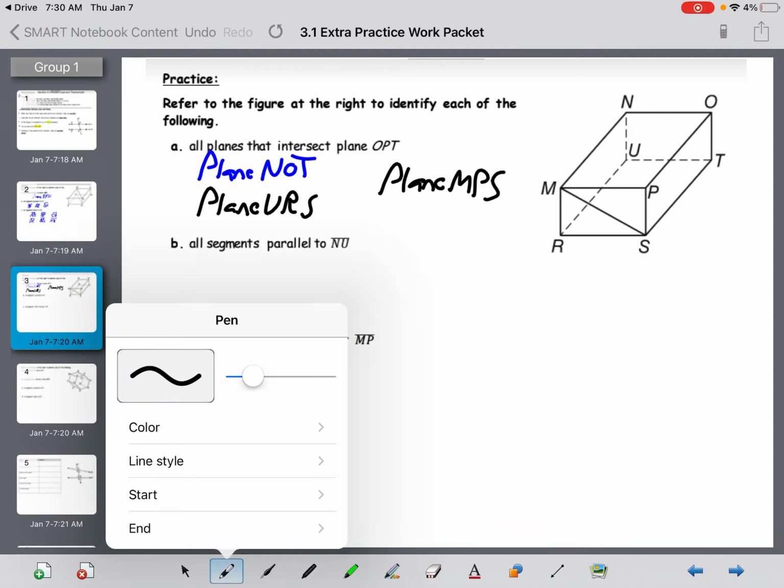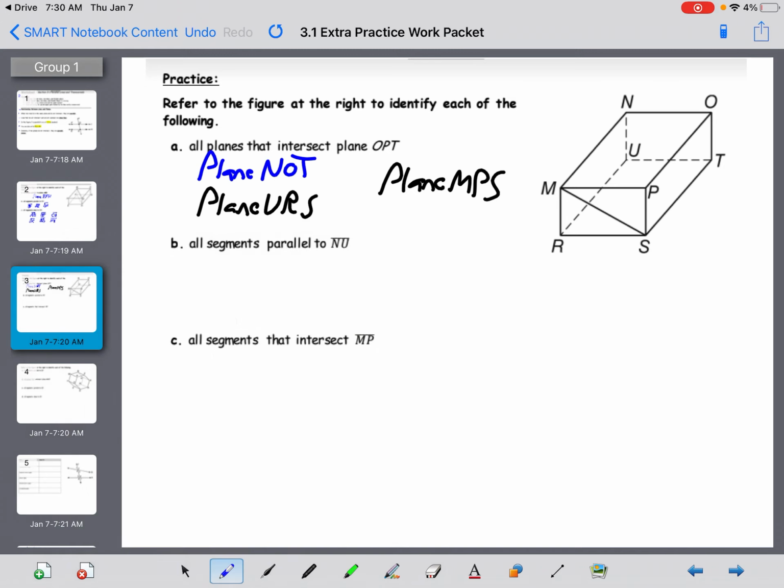All segments parallel to NU. Segment NU, right here. Segments parallel would be all your vertical lines: MR, PS, OT. All segments that intersect MP.